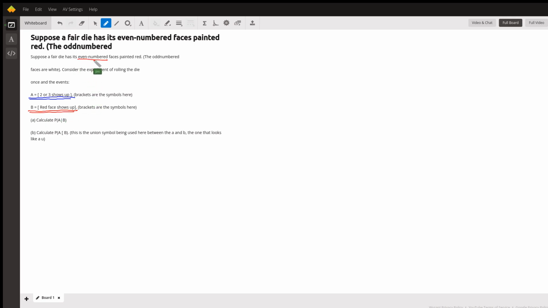In this case, the even number faces are painted red. So we are to imagine a six-sided die, with numbers 1, 2, 3, 4, 5, and 6 placed on it in one way or another, typically dots. The even numbered faces, that is 2, 4, and 6, are painted red.